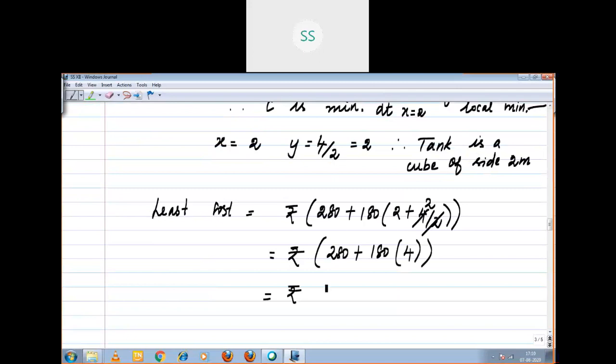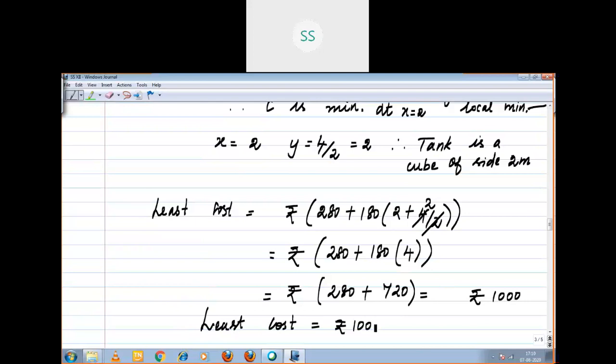It is equal to rupees 280 plus 720, equal to rupees 1000. They are asking minimum cost: rupees 1000.